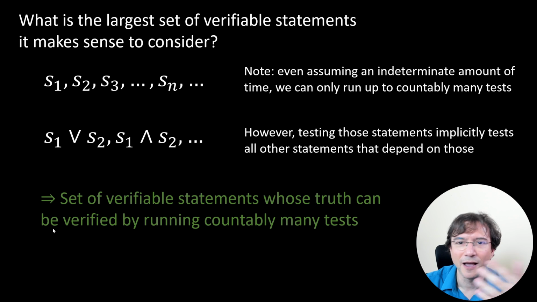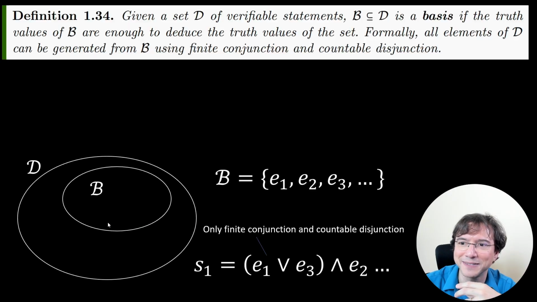So how do we formalize that? Well, given a set D of verifiable statements, we say that B, a subset of D, is a basis if the truth values of B are enough to deduce the truth values of all the sets. Formally, this means that all the elements of D can be generated from B using finite conjunction and countable disjunction. So we take some element from B, and we do all the conjunctions and disjunctions of that statement with all the other statements, and so on.